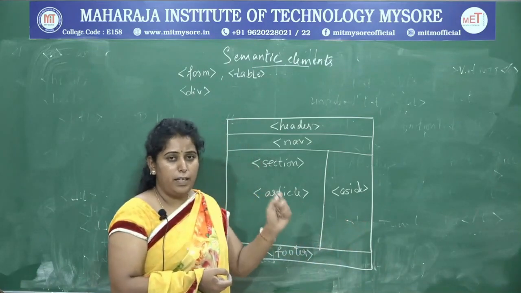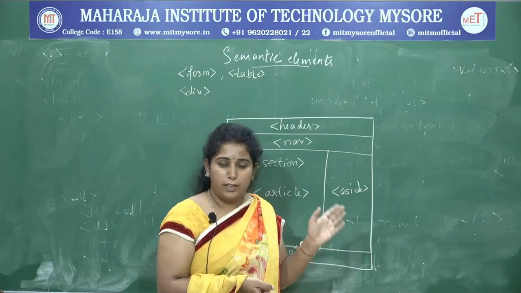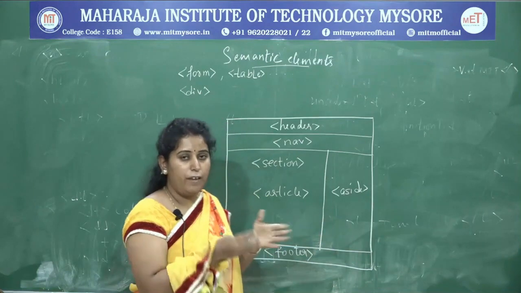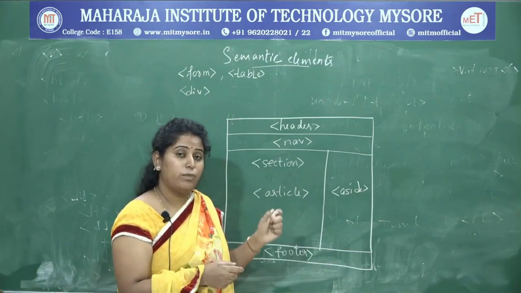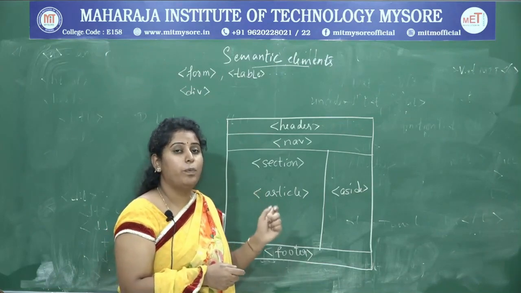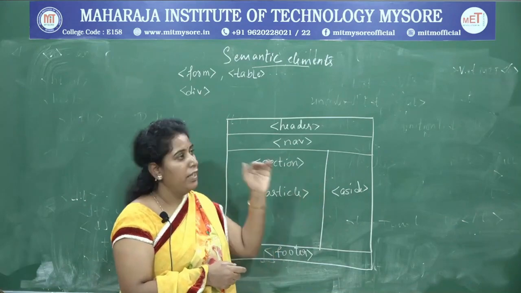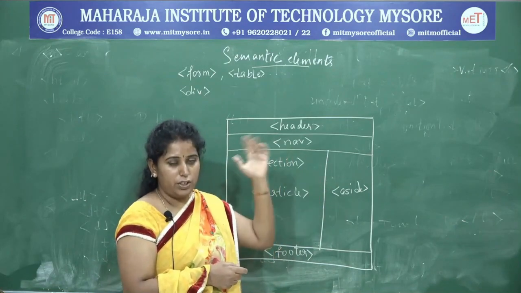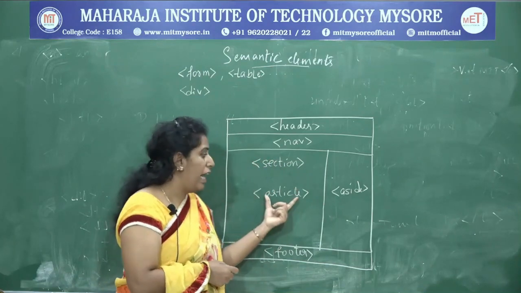In 7th sem, I think there are about 120 to 130 students. All those students are sitting in the same class? No. We have divided into several sections. Is it right? So that is what section means. It is a thematic grouping of contents, typically with heading. For example, section A, section B, section C. So that is what section, and also it contains a heading.